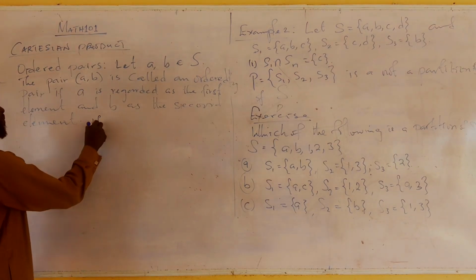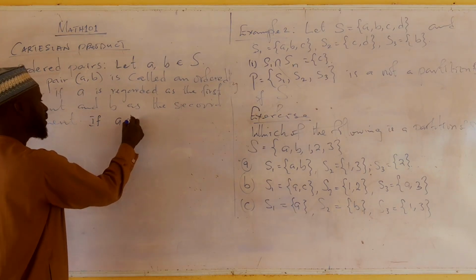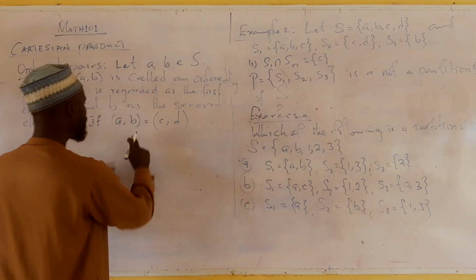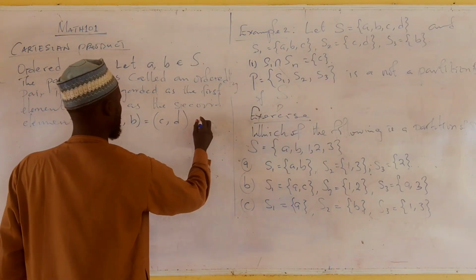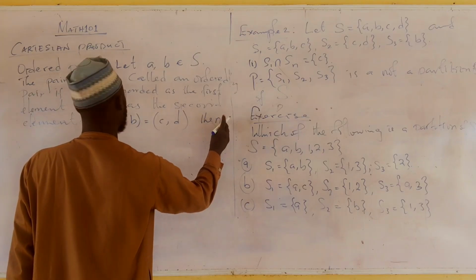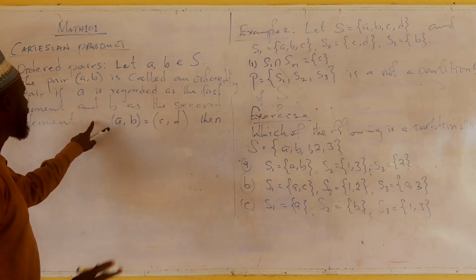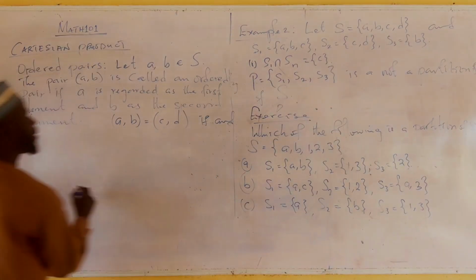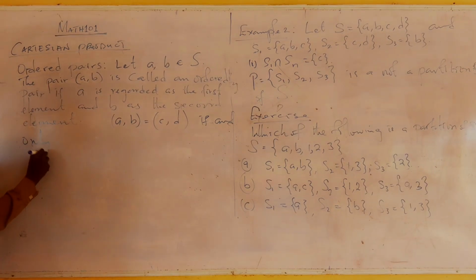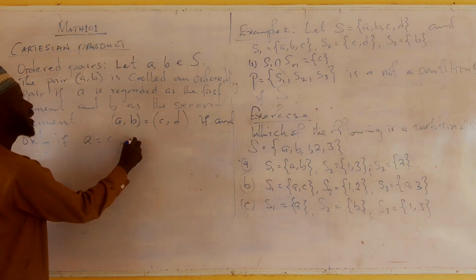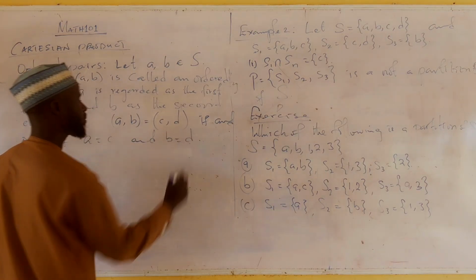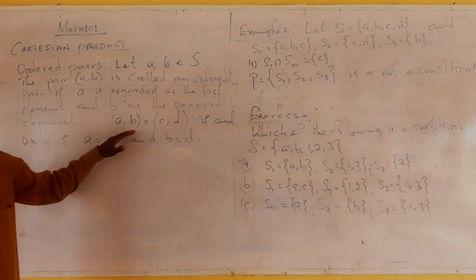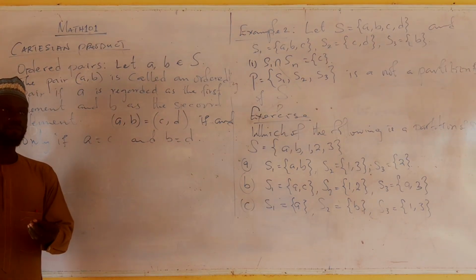So we will say A comma B is equal to C comma D if and only if A is equal to C and B is equal to D. Students and viewers should take note that the ordered pair here is different from the set itself.